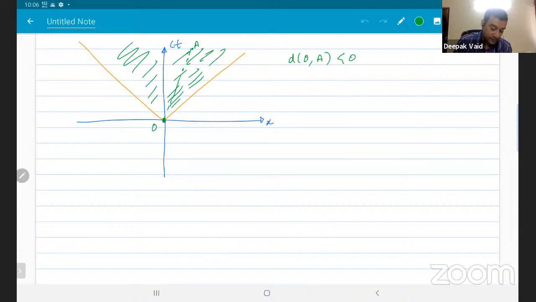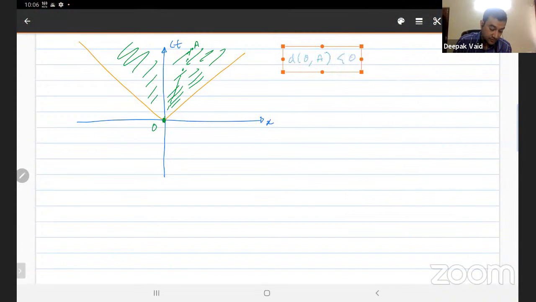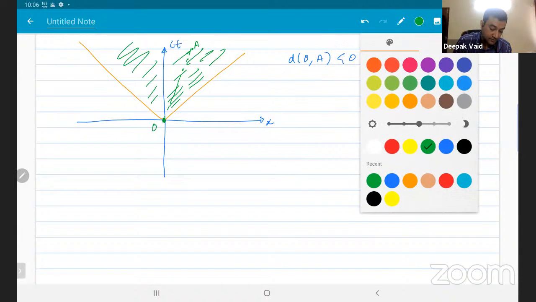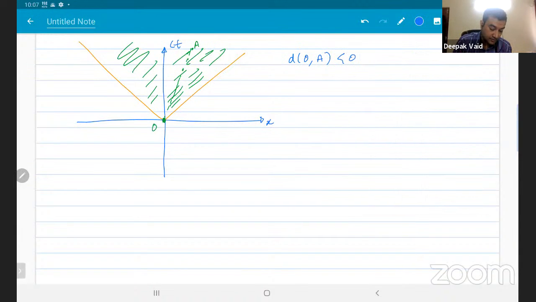So let me just write that down again. The length of some vector, let's say r, the vector r connecting these two points, is minus c squared delta t squared plus delta x squared, right?